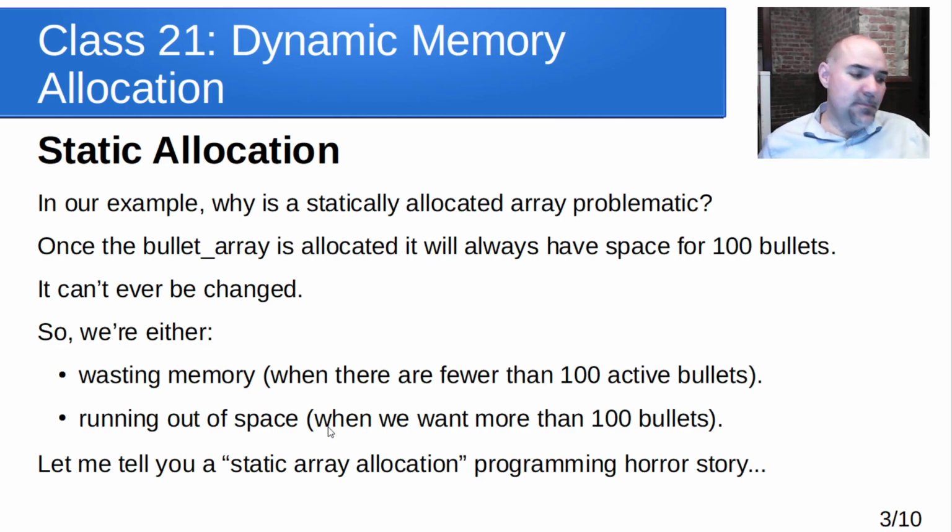Before I go on, I'm going to tell you a static allocation programming horror story. This is a personal story from my past. When I was in college, I would like to say I was hired, but it wasn't that. I got volunteered to help somebody with a programming problem.